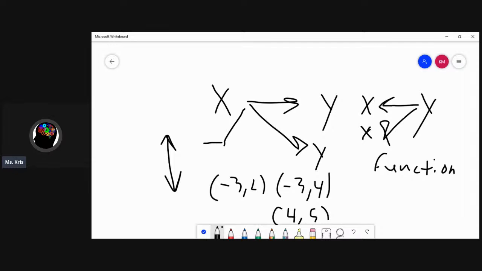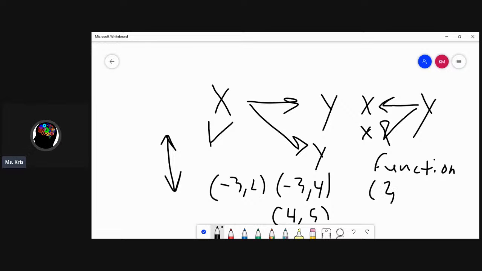It won't make an actual function because your x has more than one y. So if x has more than one y, it is not a function.